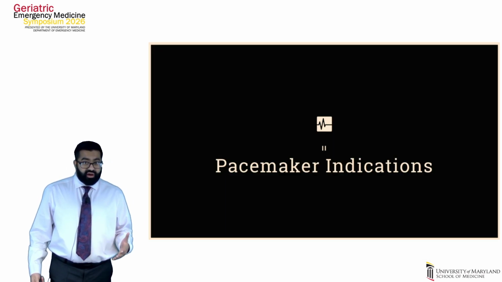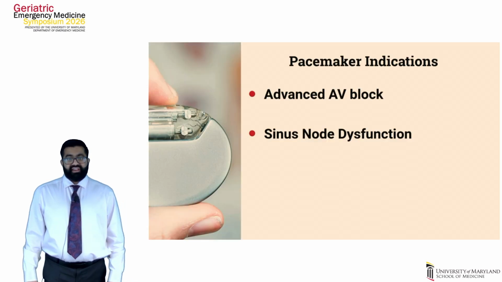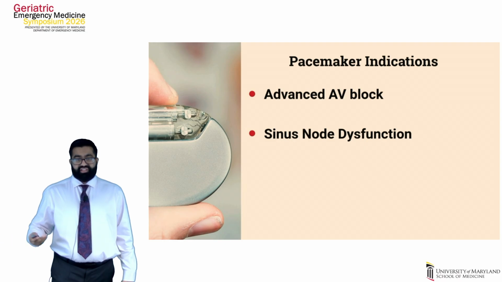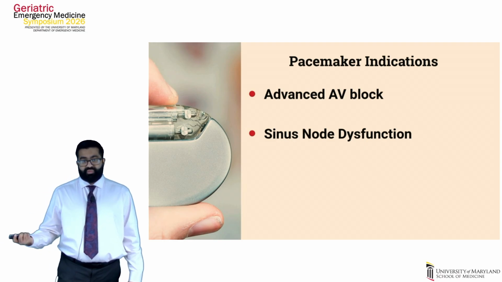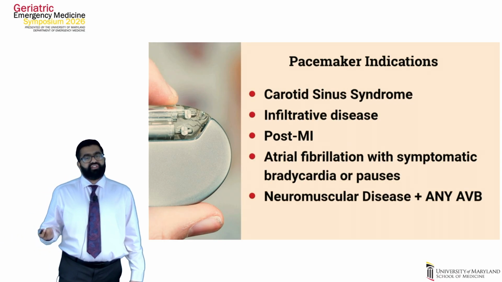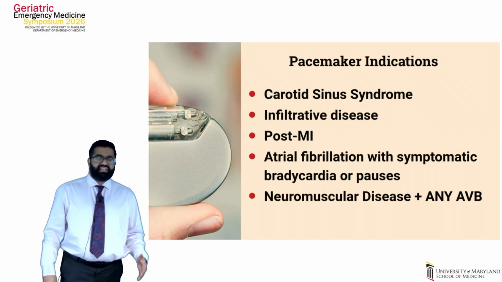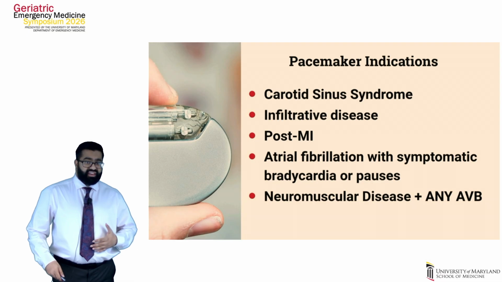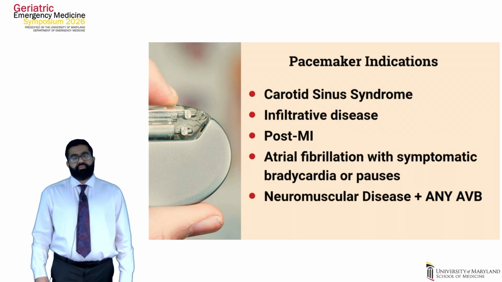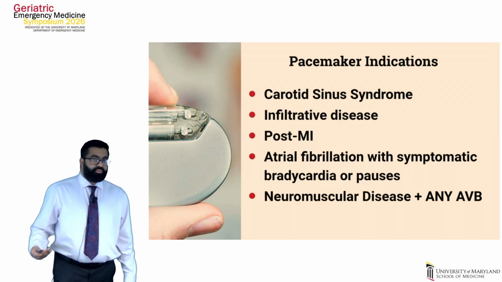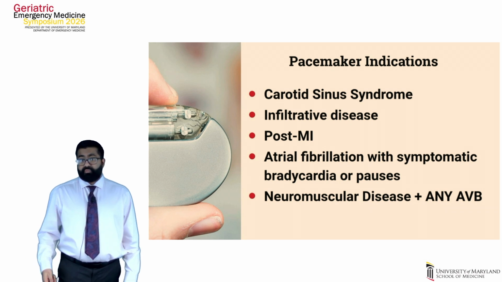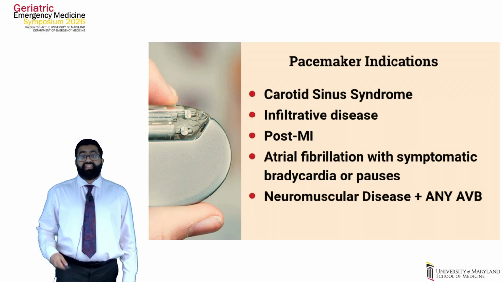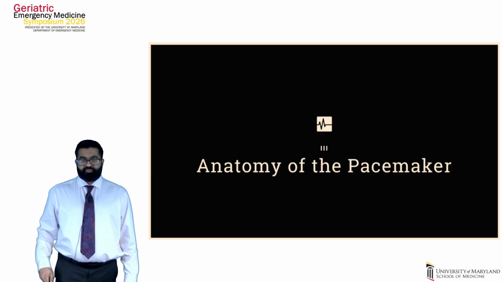Now, as it turns out, for pacemaker indications, AV block and sinus node dysfunction are two of the major indications, especially when you have symptomatic bradycardia. There are a few others: carotid sinus disease, infiltrative disease. Maybe our patients may have had an MI. Maybe they have atrial fibrillation with symptomatic bradycardia or pauses. Maybe they have neuromuscular disease with any kind of AV block.